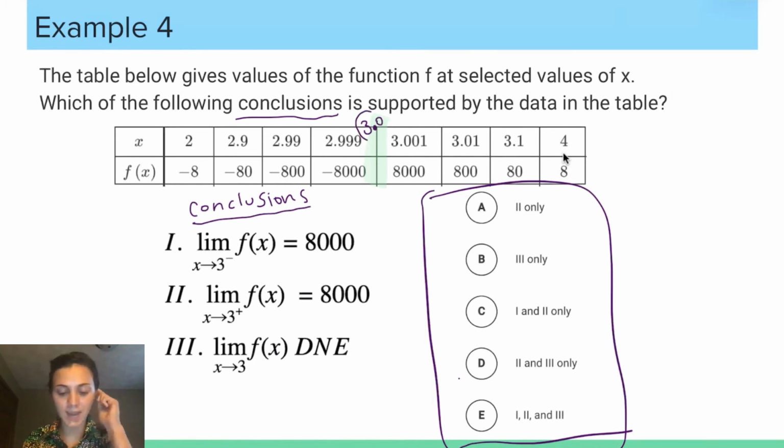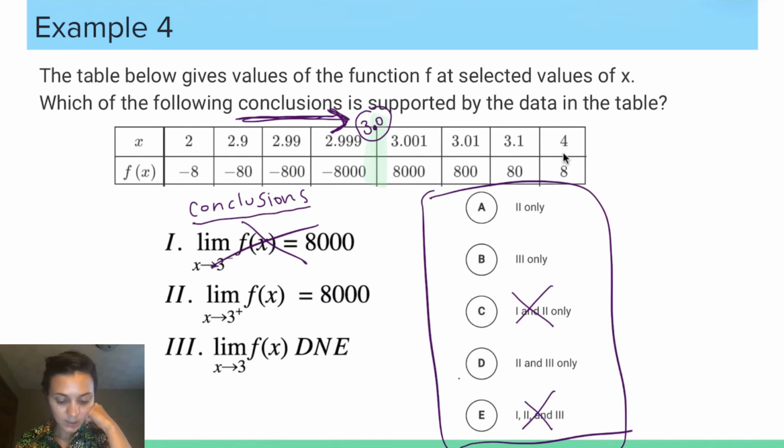Okay, so I'm just going to add that x value. But it says as I go from the left, which would be from this way, the limit is 8,000. But I'm looking at my y value and it says it's negative 8,000. So this is not true. So I'll get rid of my answers that include 1 because that's not true.